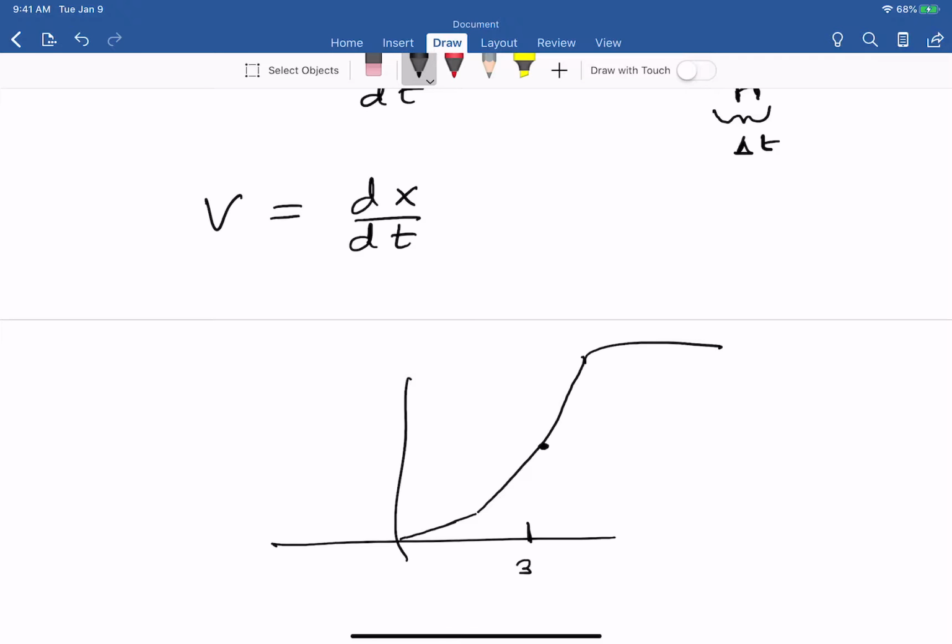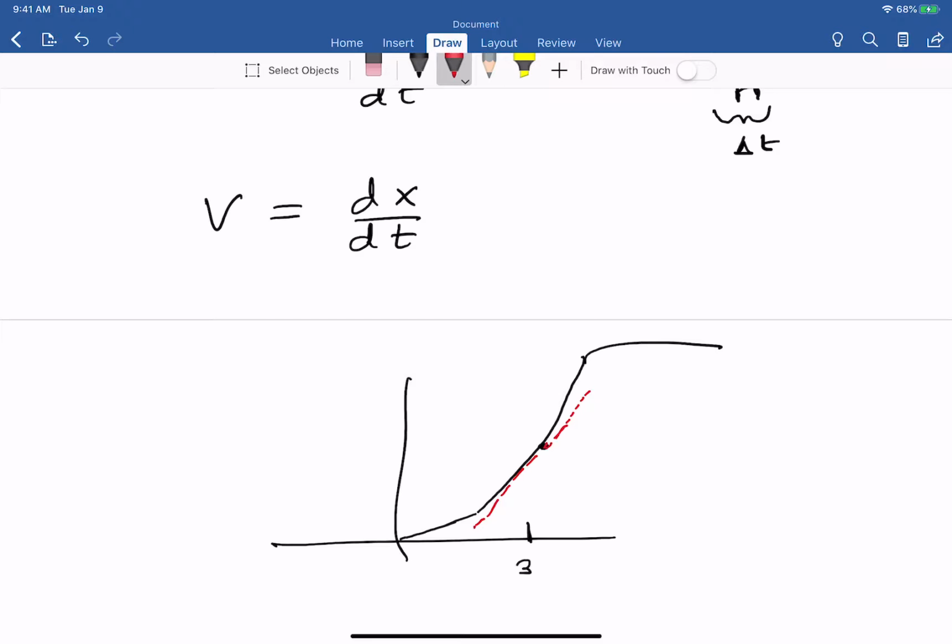So if we calculate the derivative of the function at that point, what we are doing is we are calculating the slope of the tangent to the function at that point. So if we draw a tangent line like this, we are calculating the slope of the tangent at that particular point, right? And so you can see that that is a really good way of getting the instantaneous velocity.